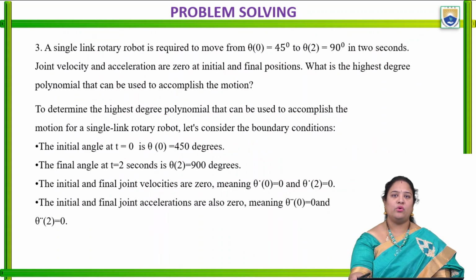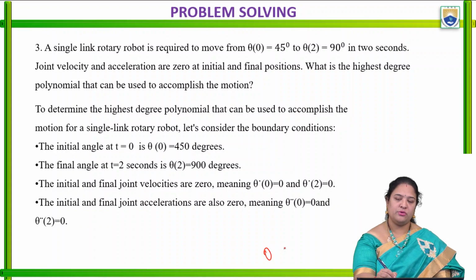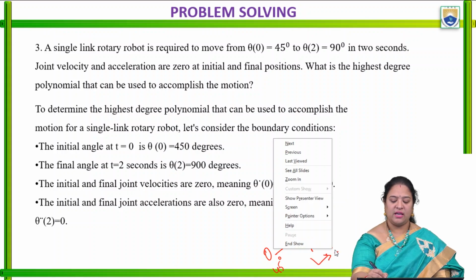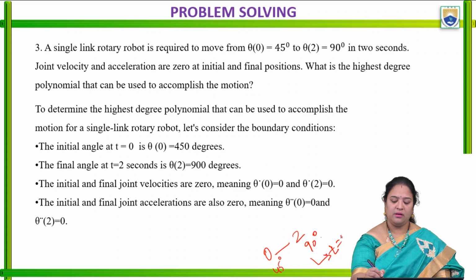A single link rotary robot is required to move from theta 0, which is equal to 45 degrees, to theta 2, that is from the initial position to the final position. It is moving from an angle of 45 degrees to 90 degrees in 2 seconds, right?